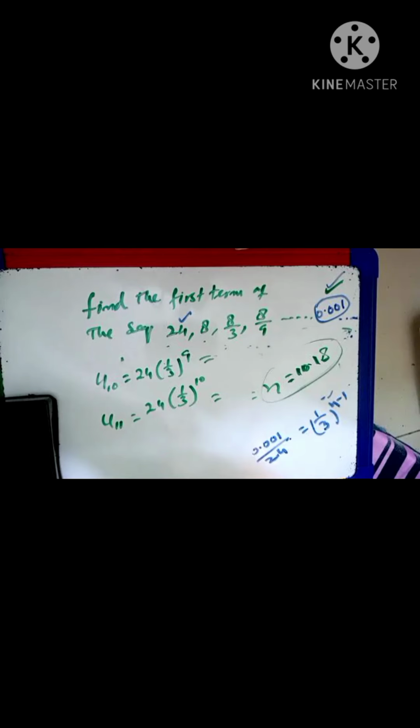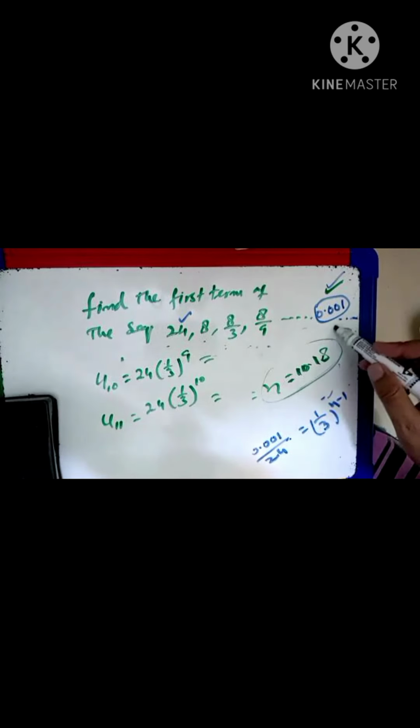This is up to the 10th term or the 11th term. Now you have seen that the 10th term will not reach over here, it will be less, because the answer is coming 10.18. So of course the 11th term, right?